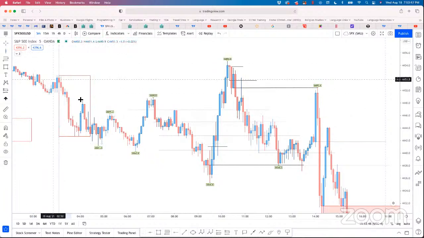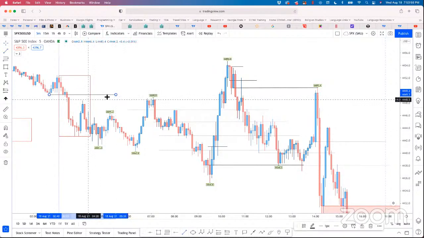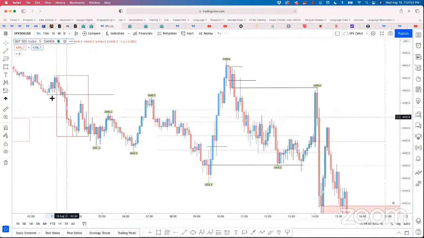Impulse. This is the low. There's probably something else over here. Yeah, it is. This is the low right here. Push up, take it out, push back to this area.